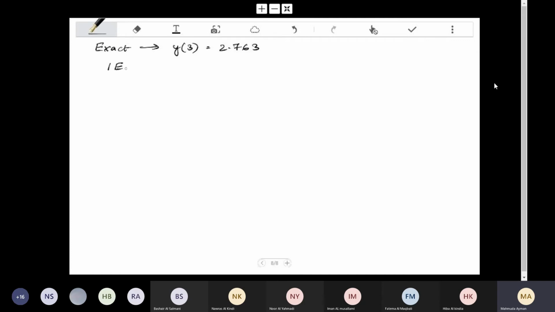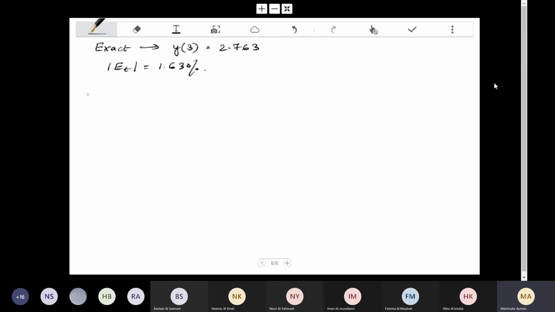So the absolute relative true error we get is 1.63% for using the Heun's method here.